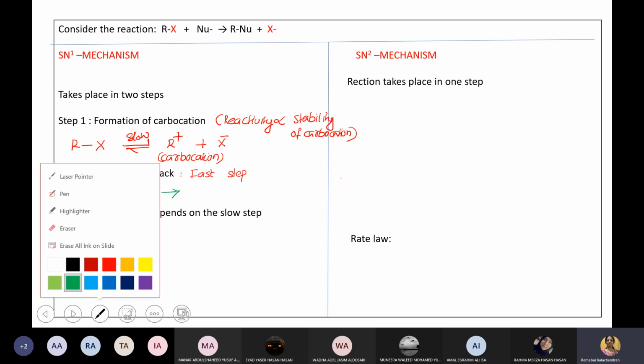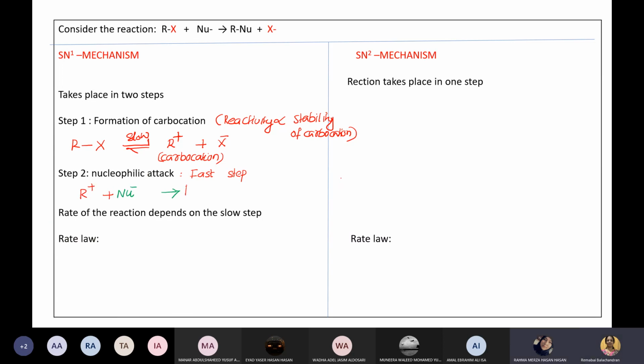You will get R Nu. So this step is a fast step. Did you understand? It's very easy. Clear, no? Okay, so in the first step X minus is going, in the next step Nu minus is coming.